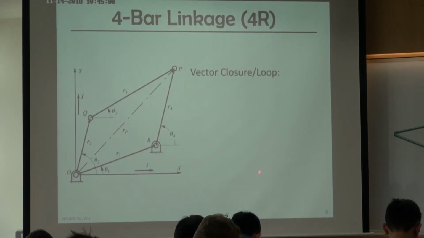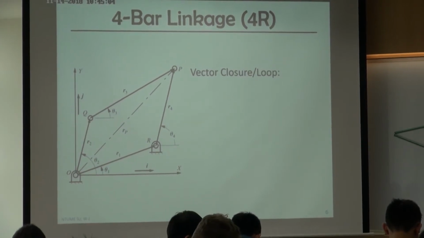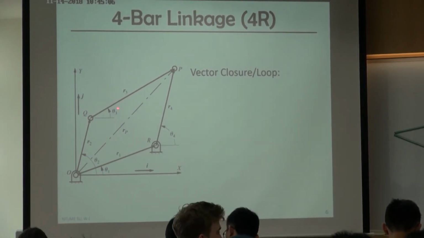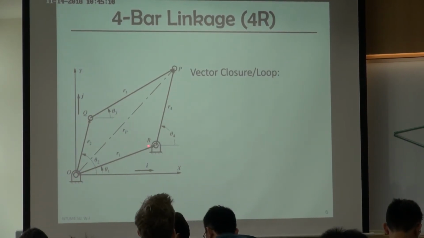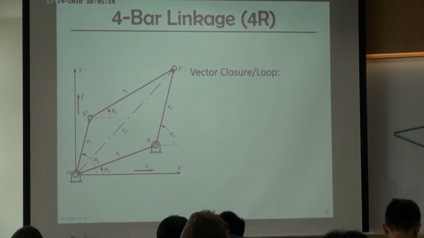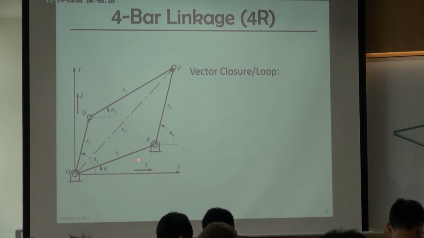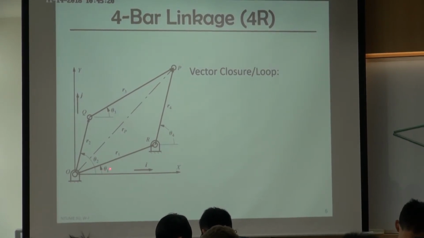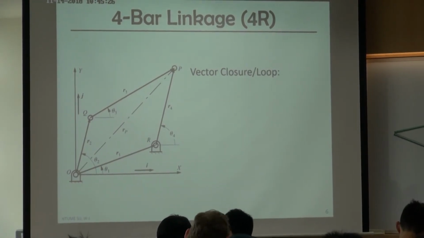A very common mechanism we've seen in this course is a four-bar linkage, I mean the 4R joint. So basically it's R1, R2, R3, R4. And it's tilted with a certain angle. So right now theta 1 is not 0, but it should be fine. It's not very special anyway.